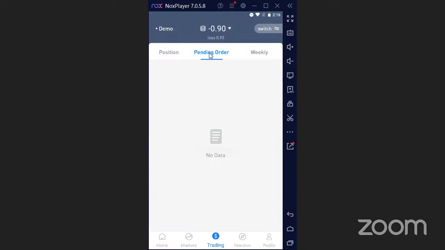So a pending order in forex trading is when you want the market to get executed from a particular price point. When the market gets to that area, it's going to execute your order. Under pending order, we have buy limit and sell limit. Buy limit is where you want a buy trade to get executed from.